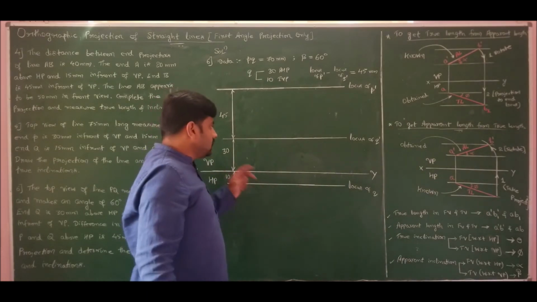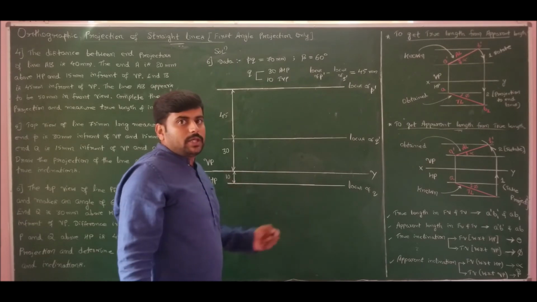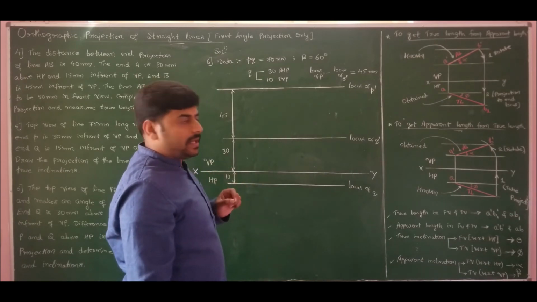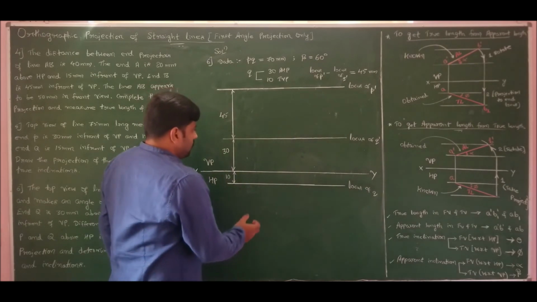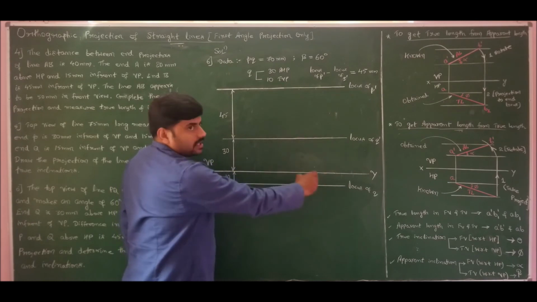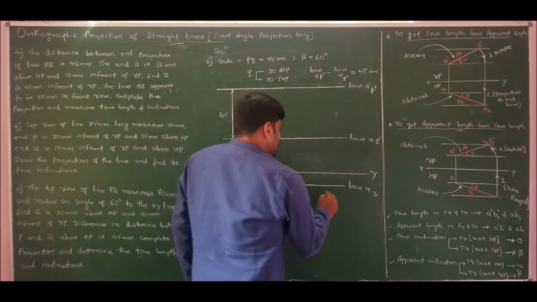That is, I can solve the problem as QP, or by taking PQ. So let's solve the problem by taking PQ as the line instead of QP. If I take the line as PQ, I should leave space for P and then mark Q towards my right side. So let me take Q here.